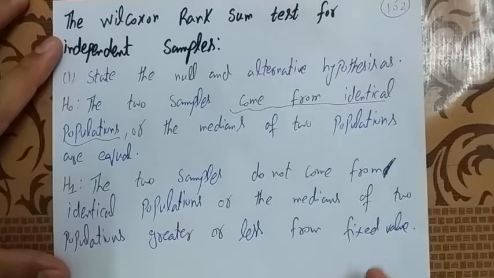That is, say if the fixed value of the median is equal to 30, then the alternative hypothesis is less or greater than 30. Okay.